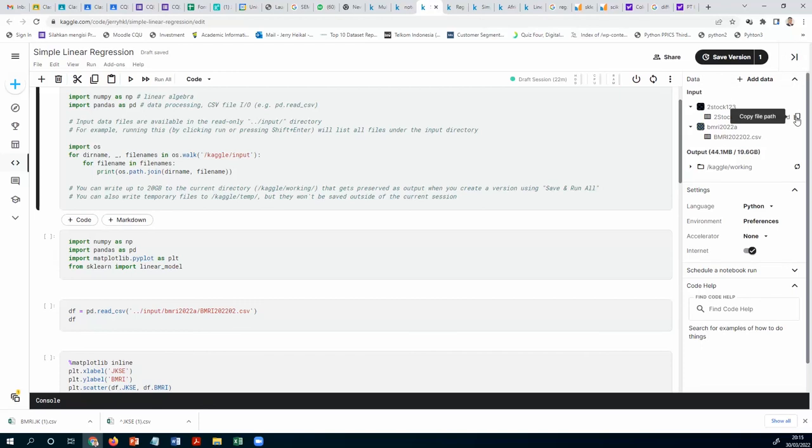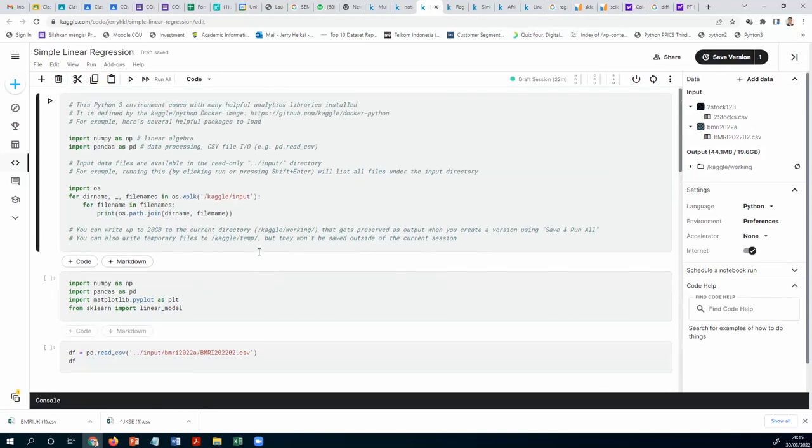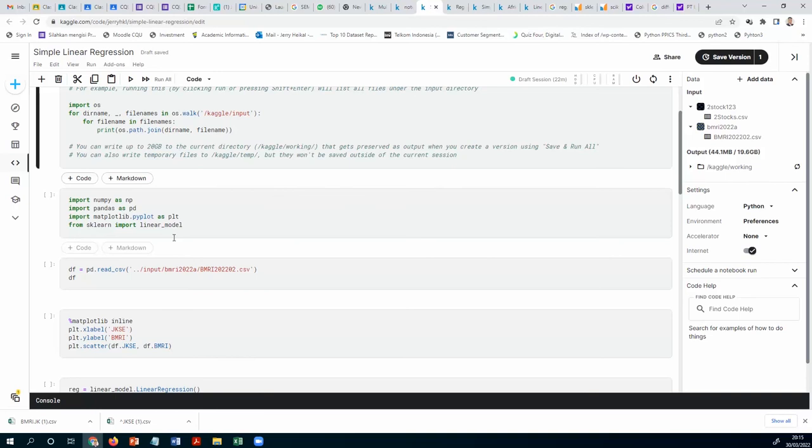Copy file path. Okay. So, in simple linear regression, as usual, first we need to import NumPy as np, import pandas as pd, import matplotlib.pyplot as plt, and then there is a new function here from sklearn, import linear model.